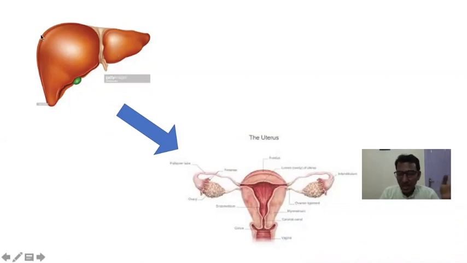So by taking care of the liver, I am indirectly treating the uterus. That is why in TCM there is no separate mention of the uterus as an organ.